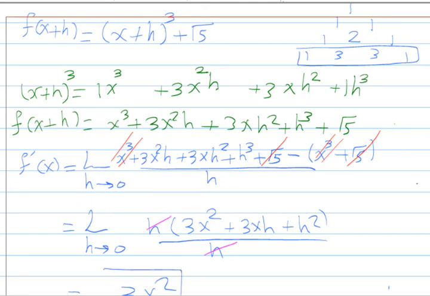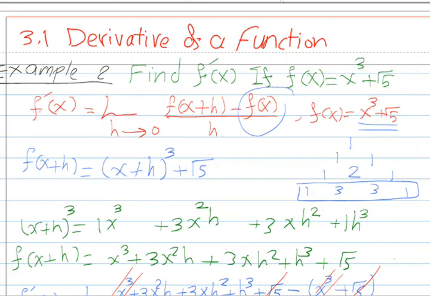3x squared. Let's revise what we did once more. I begin by writing the well-known formula, limit as h approaches 0 of f of x plus h minus f of x over h. My function is f of x equals x cubed plus radical 5. I wrote Pascal triangle. The coefficients of power 3 are the set 1, 3, 3, 1. So I put 1 here, 3, 3, then 1.